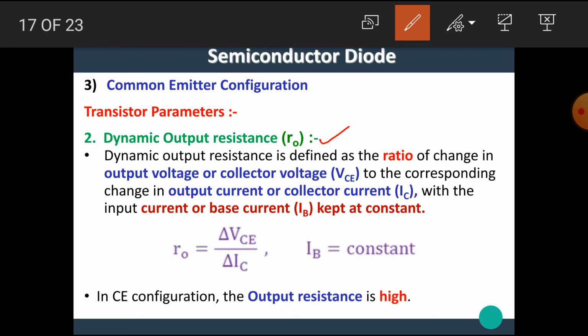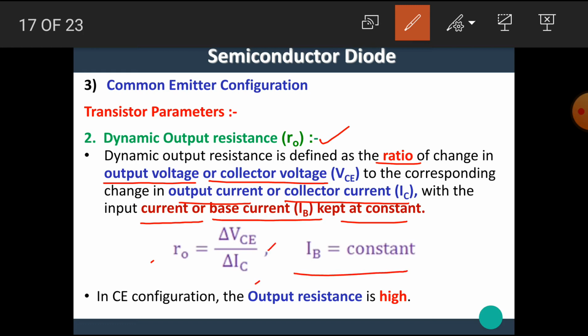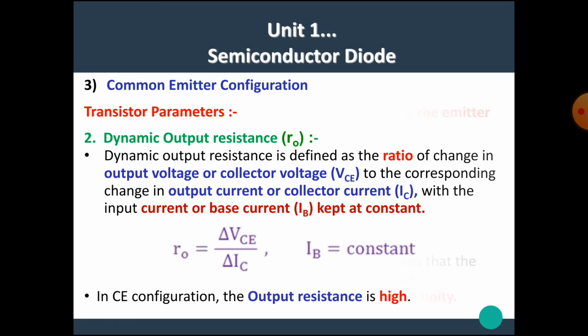The dynamic output resistance is defined as the ratio of change in output voltage or collector voltage to the corresponding change in output current or collector current with input current or the base current kept constant. That means R0 is equal to Vce upon Ic at Ib equal to constant. In CE configuration, the output resistance is high.